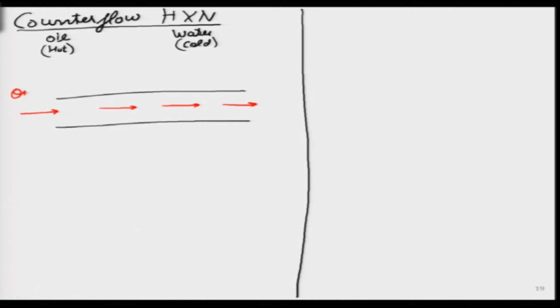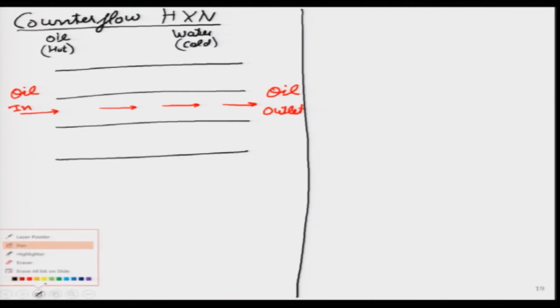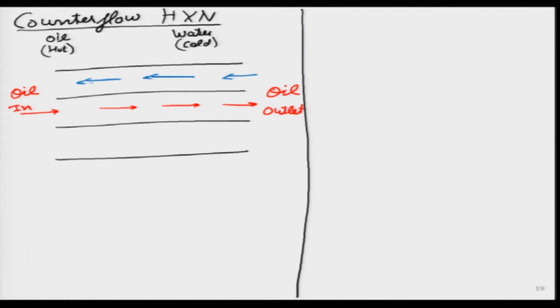So, I will say oil inlet, oil outlet, and in the surrounding annulus, on all sides of this particular pipe, I have that blue water, because it is cold, flowing in the opposite direction.